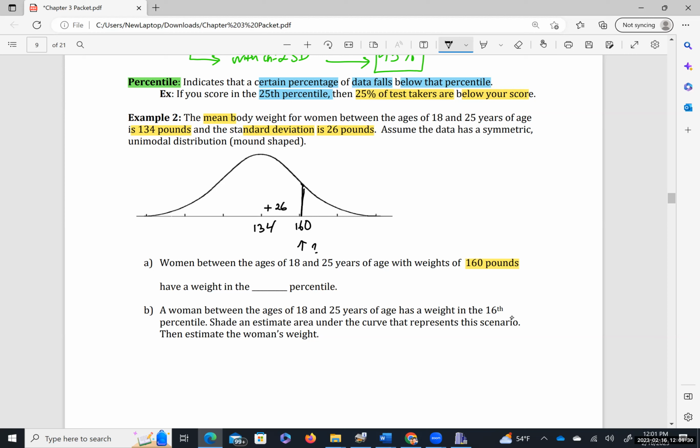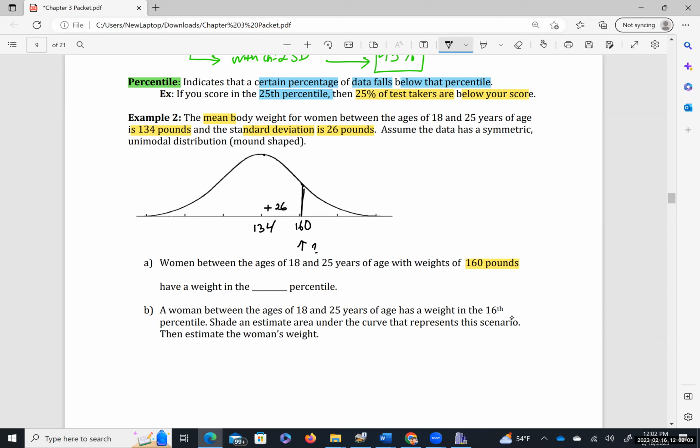How many percent of people have weight less than 160? I would say you may have to apply the empirical rule and get that.